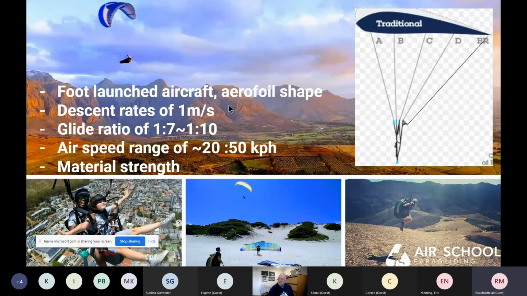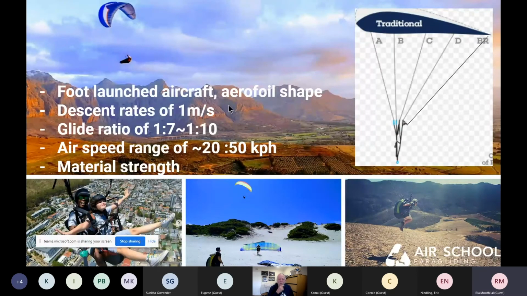And then just a little bit on the material strength. I wanted to address this because most people's concern is, oh, what if this craft falls out of the sky and it breaks? And that pretty much never happens. We fly equipment that is airworthy. It's inspected. And the breaking strain on a single line, like around a 2.5 millimeter line, will be about 300 to 400 kgs.